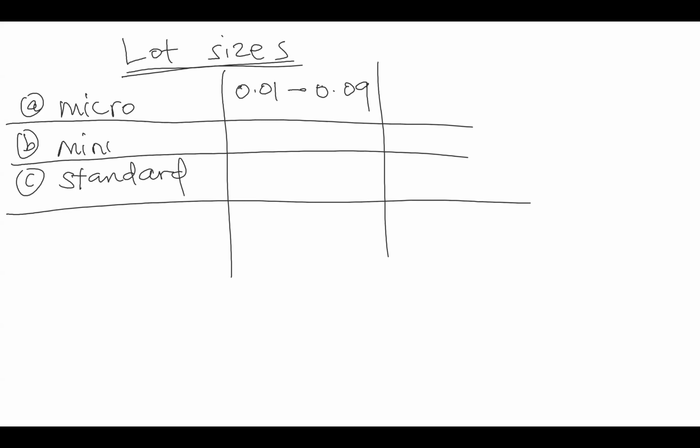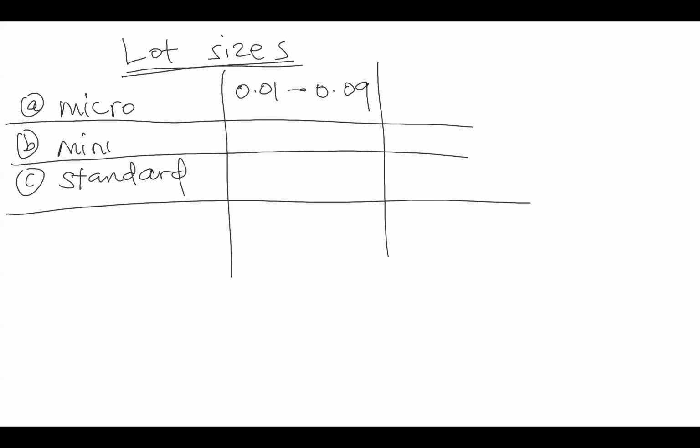If you're using anywhere between 0.01 to 0.09, you're still in the range of the micro lot size, right?